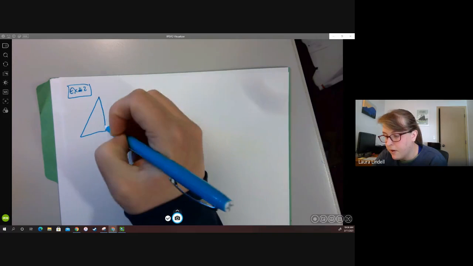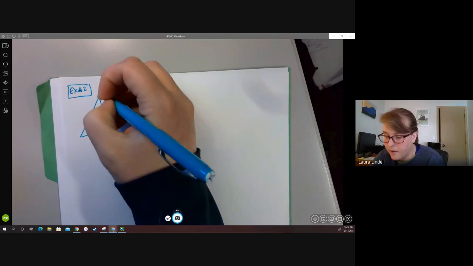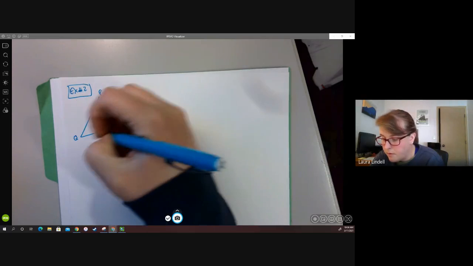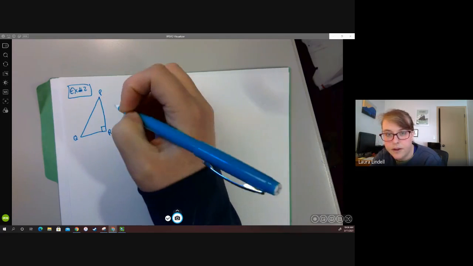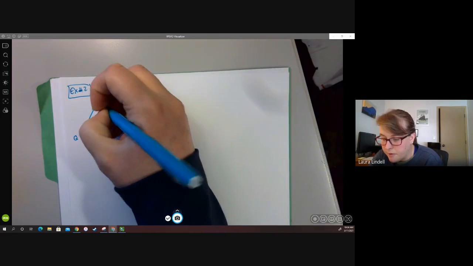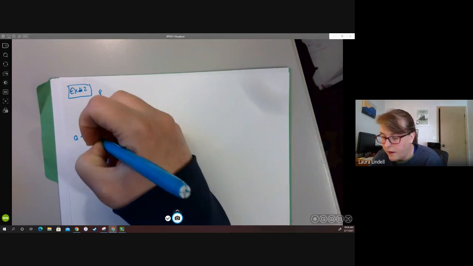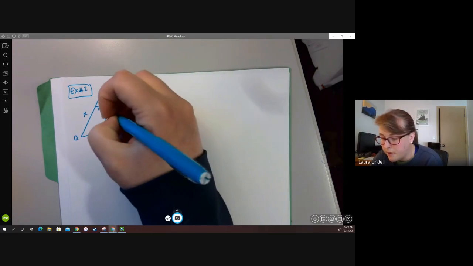So this time, still got a right triangle going on. Triangle PQR this time. This angle is 32 degrees. This side here is 7, and we are missing these two sides.